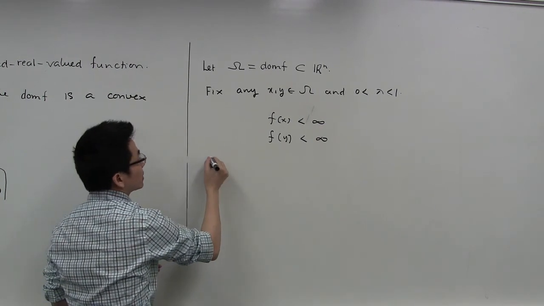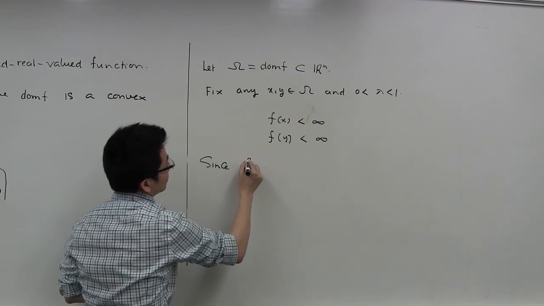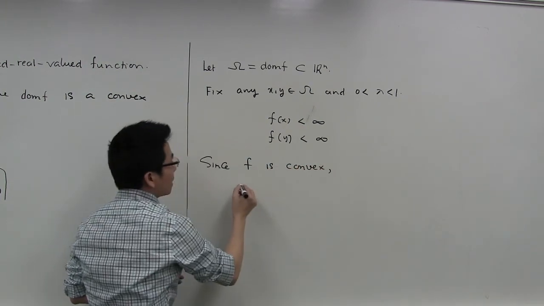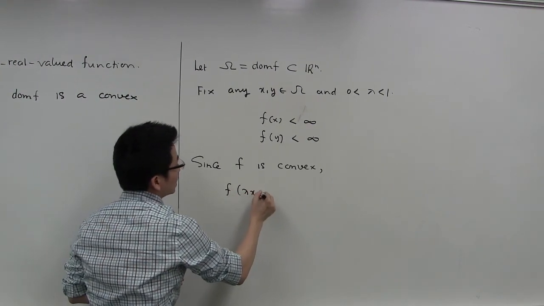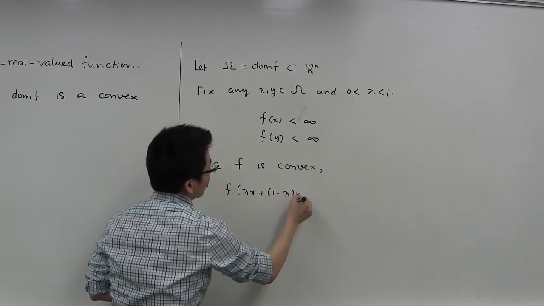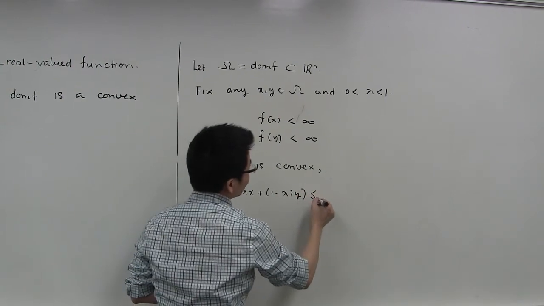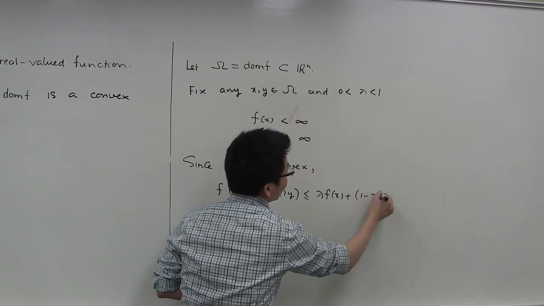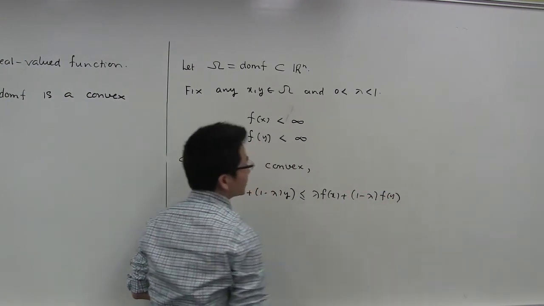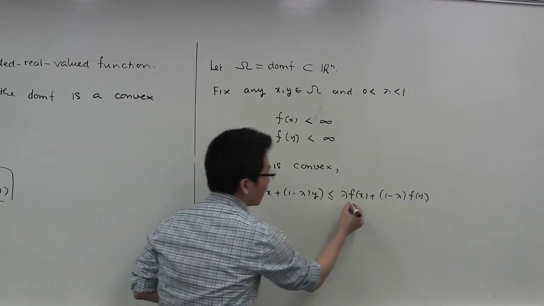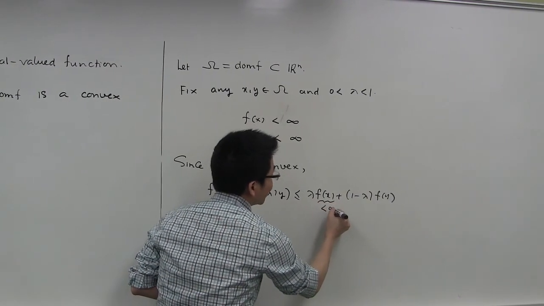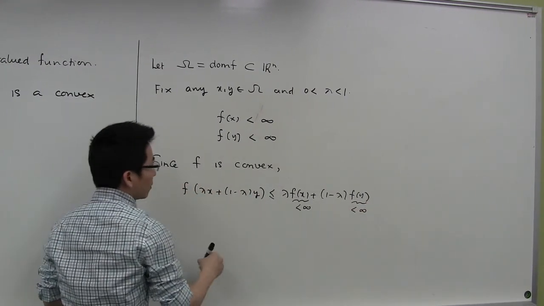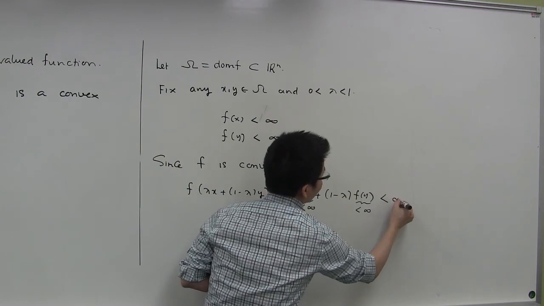Because f is convex, we have the following. f of lambda x plus 1 minus lambda y is less than or equal to lambda times f of x plus 1 minus lambda times f of y. Note that f of x here is a real number, f of y is a real number, therefore this is a real number.